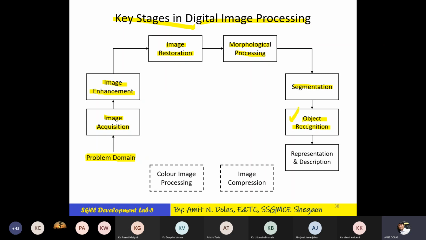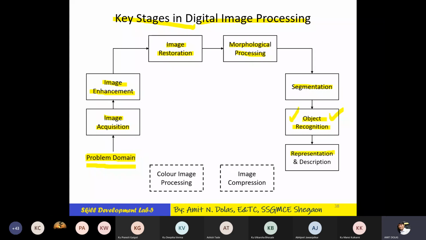Somebody may be interested in the number of tigers or any other animal, so that would be the object. That's why I'm saying the object may be in the background, the object may be in the foreground, depending of course on the problem statement or region of interest.